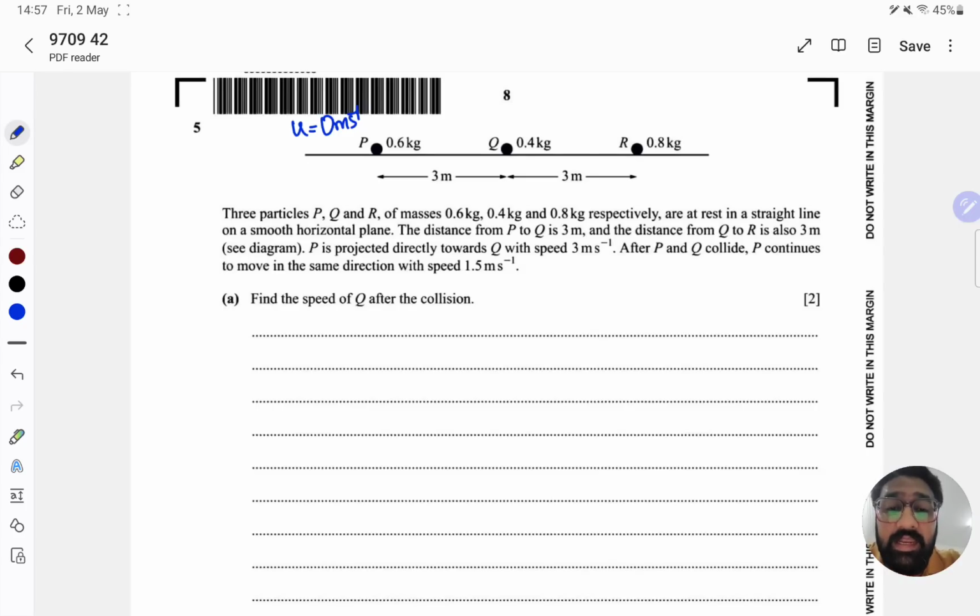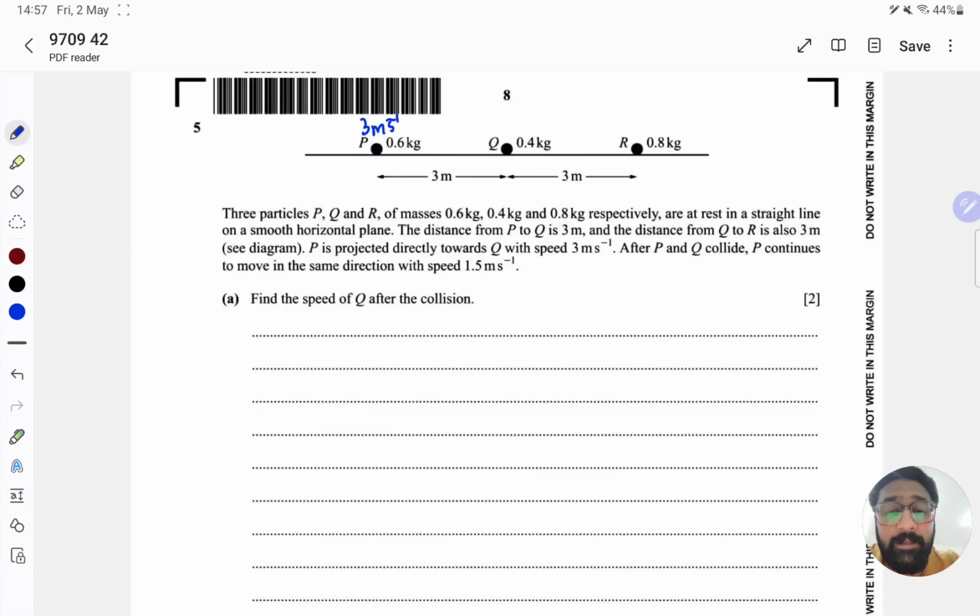P is projected directly towards Q with a speed of 3 meters per second. So initially the speed of object P is 3 meters per second. After P and Q collide, P continues to move in the same direction.